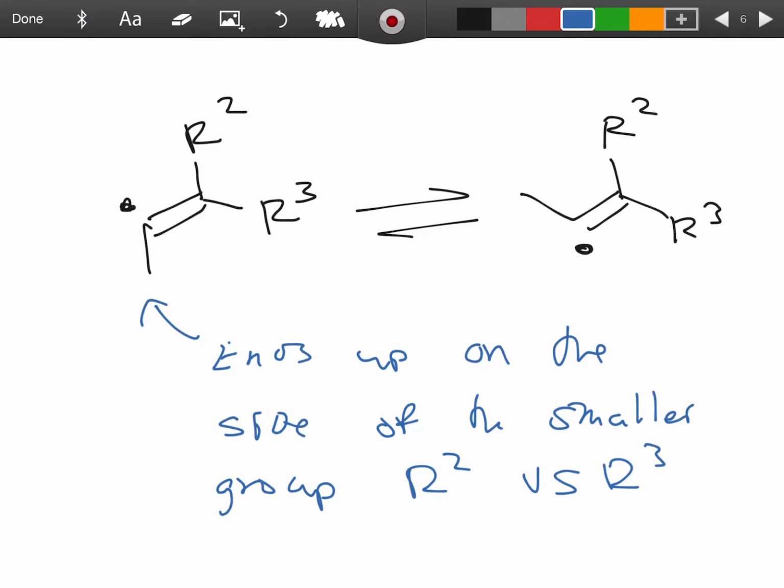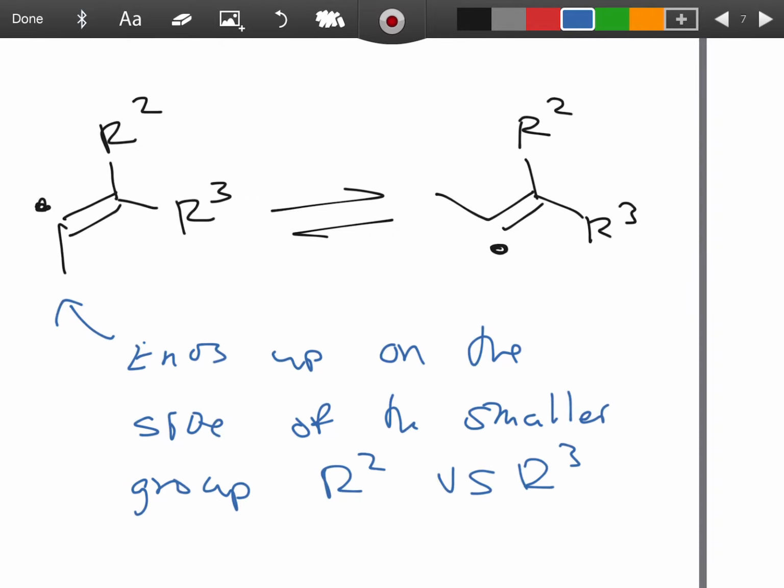Right, so I make this vinyl radical that the group on that carbon can flip back and forth, and then eventually it ends up being on the side that basically leads to the least interactions, right? You're going to put that group beside the smallest thing possible so you don't have those two groups banging into each other.